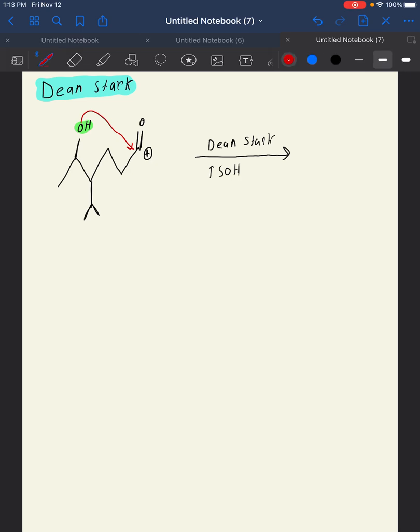So then we once again count from the oxygen. 1, 2, 3, 4, 5, and 6. Draw out a 6-membered ring. Draw in your oxygen there. The second spot I have methyl. Third spot I have isopropyl. Fourth spot nothing. Fifth spot nothing.